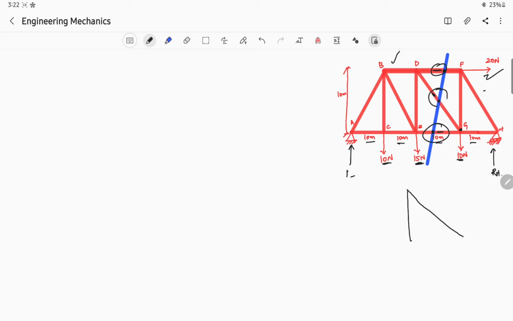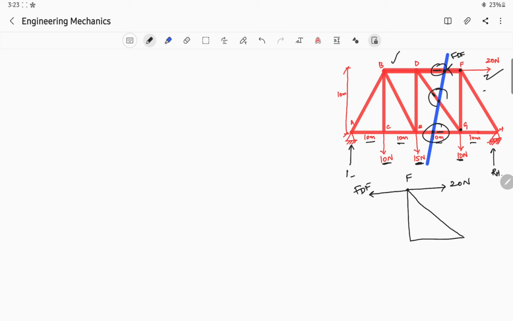We have here this point F, and we have one force which is 20 Newton, right? Since I have cut this section, at this location I will take the force in member DF. This is going exactly in horizontal direction. I'll take this as FDF.